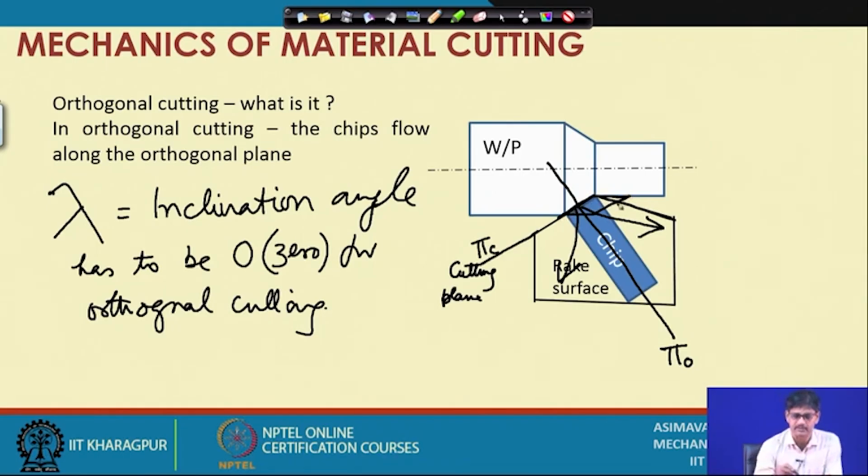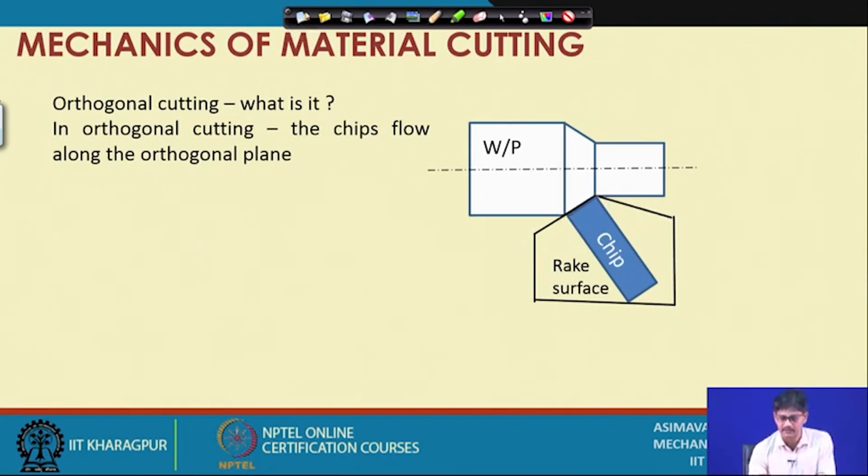So, the auxiliary cutting edge also does some cutting, and the chips emanating due to that cutting effect will have a chip velocity in this direction, while the component of velocity from the main cutting edge might be higher than that, but they will combinedly define a particular direction of resultant chip flow. Therefore, this is another possibility of deviation of the chip from the orthogonal plane.